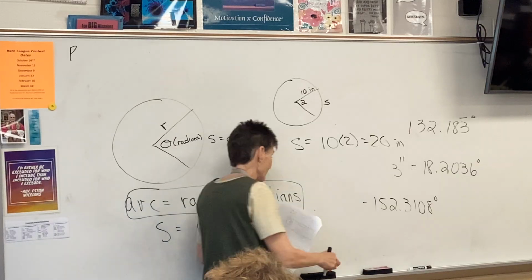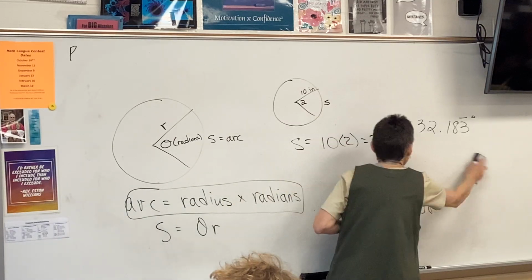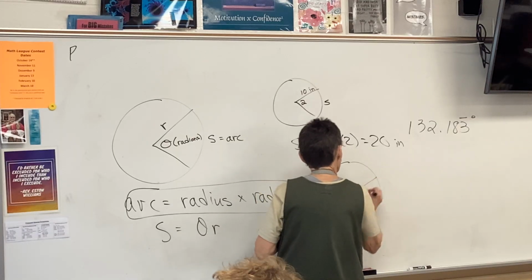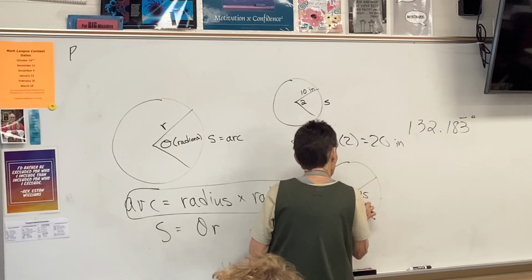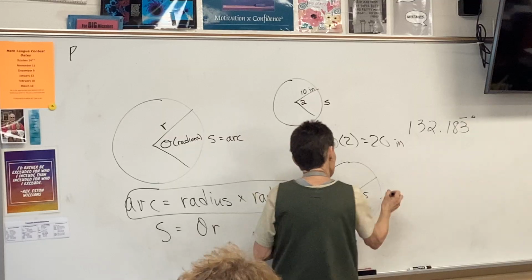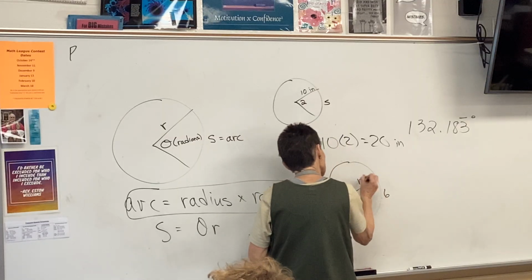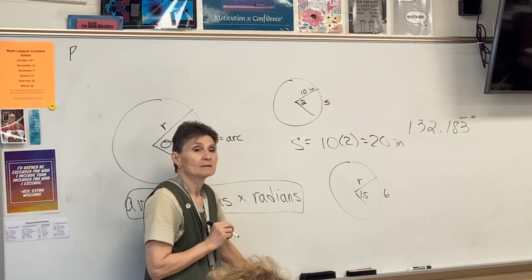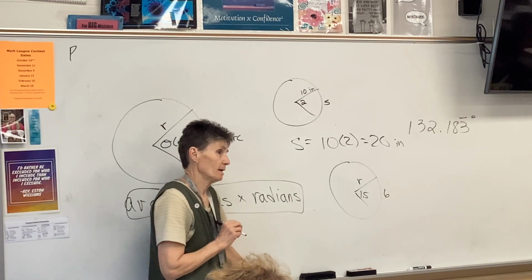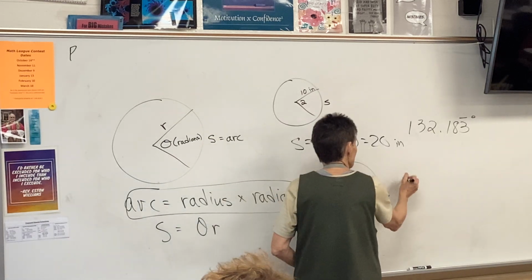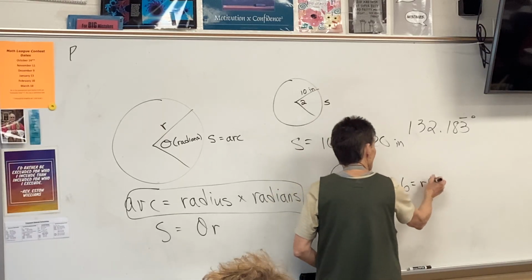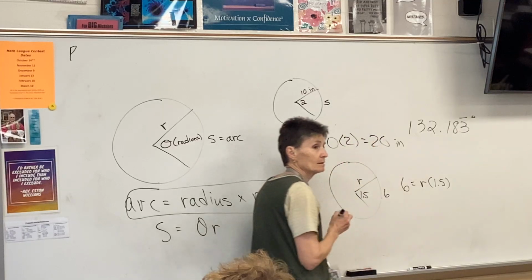All right, how about B? Same picture, same idea. This time, the central angle is 1.5. The arc length is 6, and I need to find the radius. What's my formula? Arc length equals radius times radians.